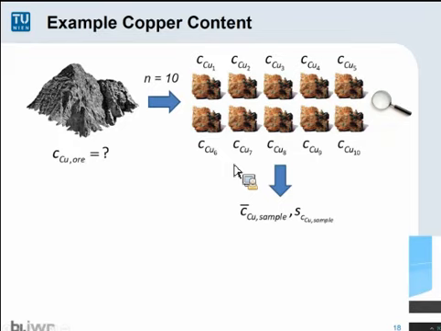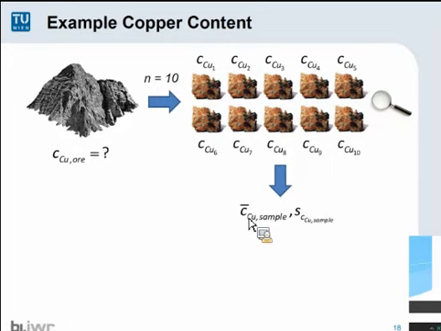The next thing that we are doing is computing the mean value of this sample with the formula that I showed on the previous slide, and the standard deviation of these copper samples. So you get a picture of the mean value of this sample, and of how much these individual values deviate from the mean value.